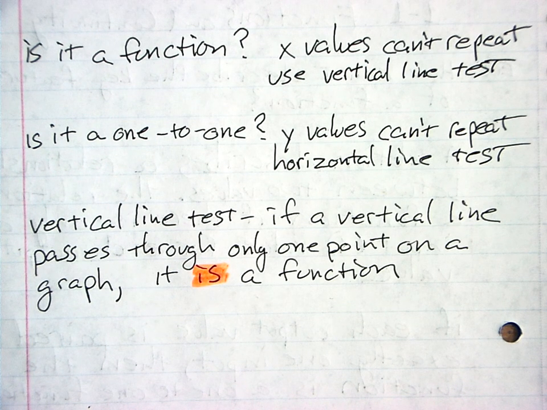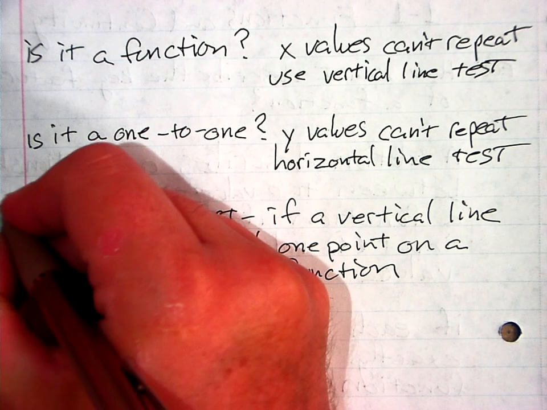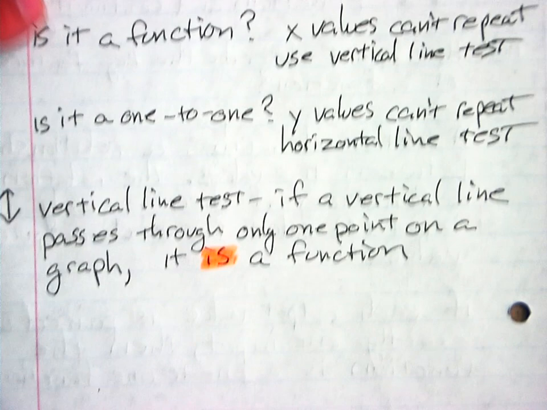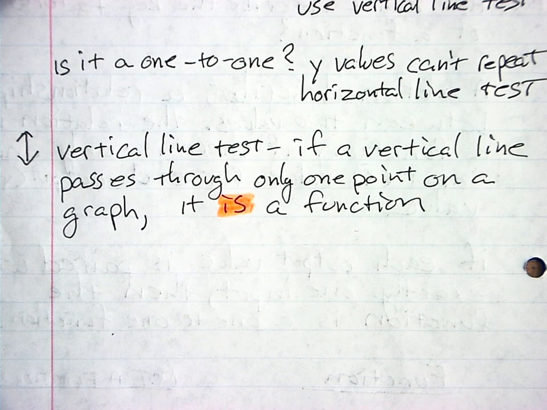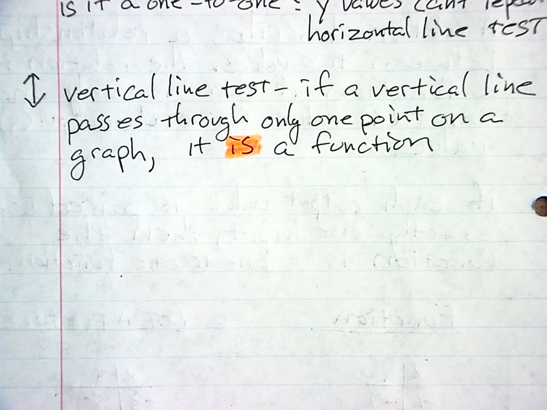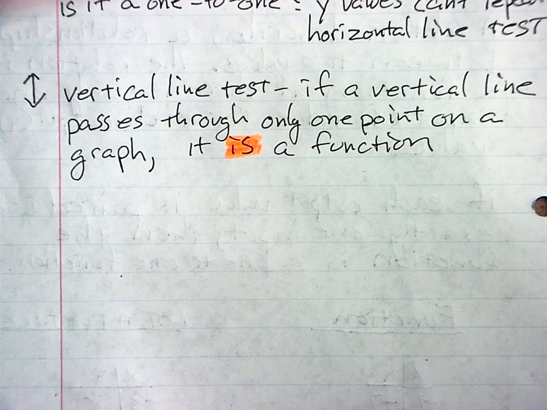Also, sometimes Gabby gets confused on what's vertical and what's horizontal. That may or may not be true. I'm just working on names. So vertical line, is that up and down or left to right? For my own little reference so I don't get confused, I'm going to draw a vertical line there. All right, so that's a vertical line test.